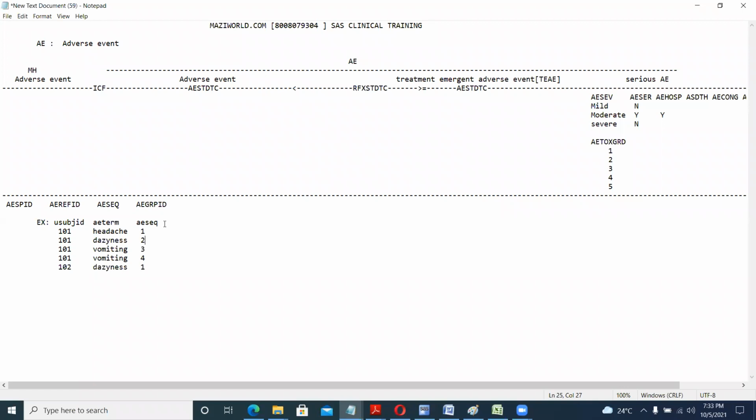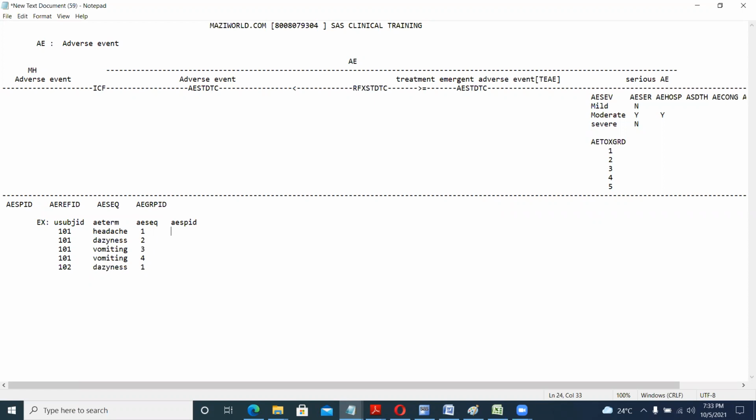Another scenario. The next is another variable called AESPID. What do you mean by this AE sponsor ID? Every single term will have an ID, because the sponsor will compulsorily create one ID.